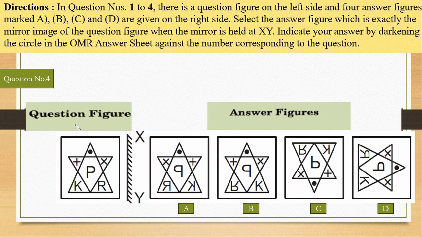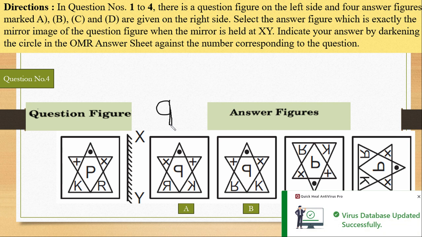In question number 4, the mirror is placed on the right hand side. This question looks very complex, but let us make it easy. Here the P, whatever is written, should appear like this in the image. So this part appears like this.